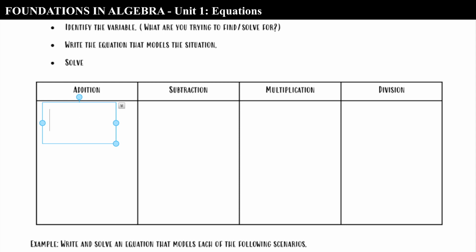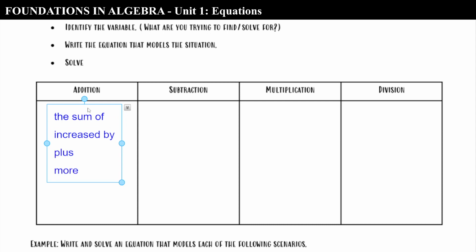So keywords for addition can include things such as the sum of, also increased by, plus, more than, added to, and the total of. Okay, all of these are words that can be used when we're referring to addition.